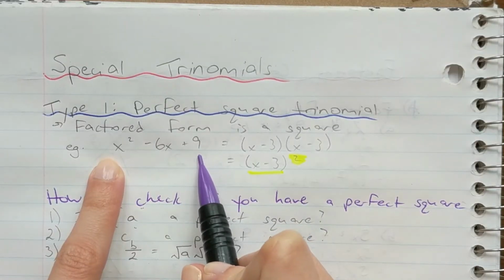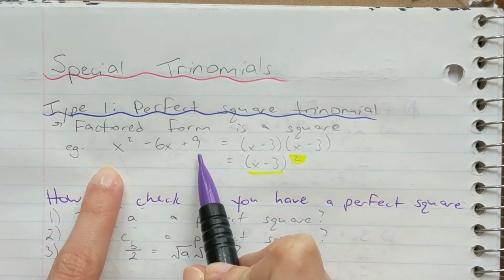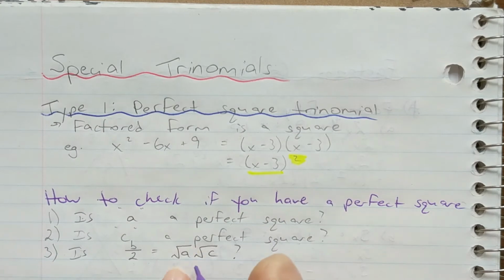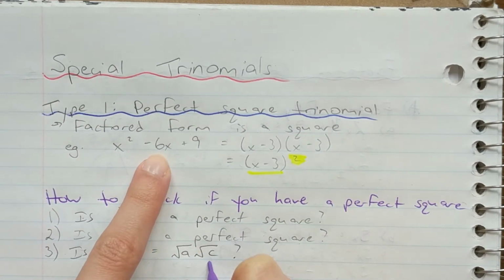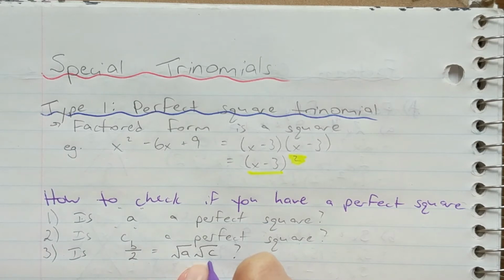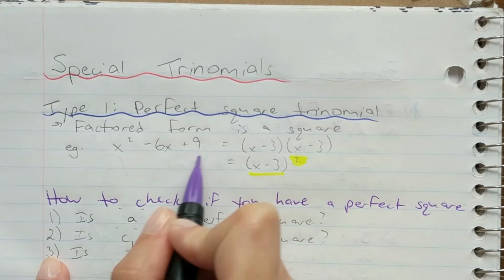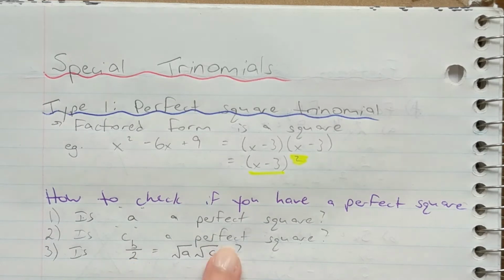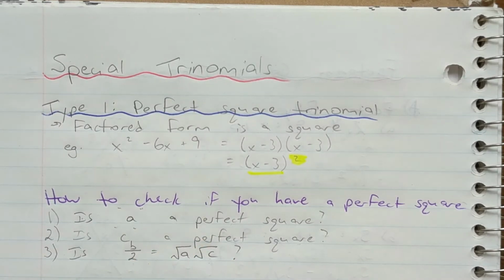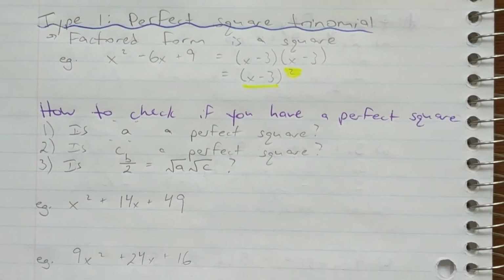The square root of 9 is 3. 1 times 3 is 3. So this part of my equation is 3. Then I need to say, is 6 divided by 2 equal to 3? 6 divided by 2 is 3. 3 is 3, and therefore this is all good to go. It'll take a little bit of time before you get into the pattern of checking this, but hopefully you'll get it down soon and easy.